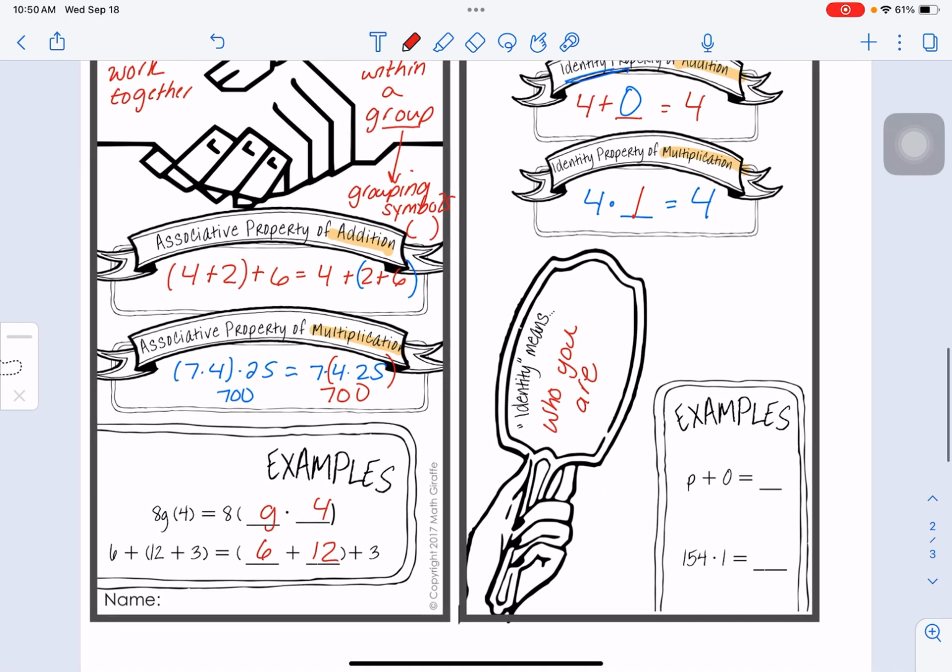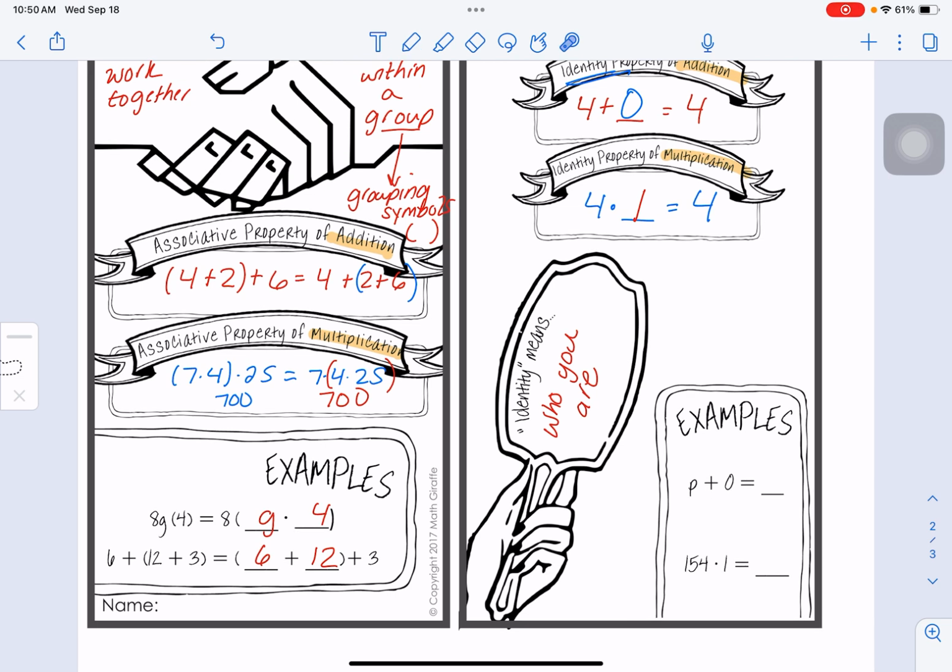So if we go down to the examples at the bottom, this first one would be an example of what? This would be the identity property of addition, which basically says if we take a number or a variable and we add 0 to it, we're still going to get that same number or variable.